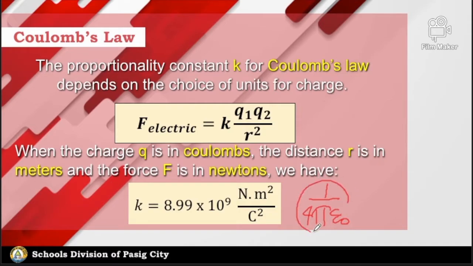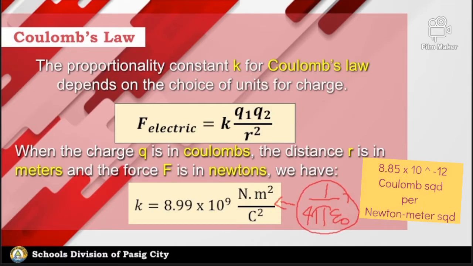If you calculate this equation, it will give you the value of K, or the electrostatic constant. Epsilon sub 0, or the permittivity of free space, is equal to 8.85 times 10 raised to negative 12 coulomb squared over newton meter squared.